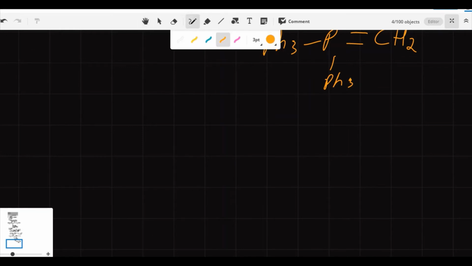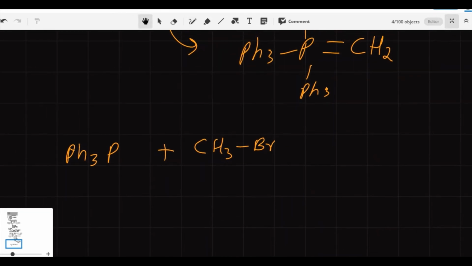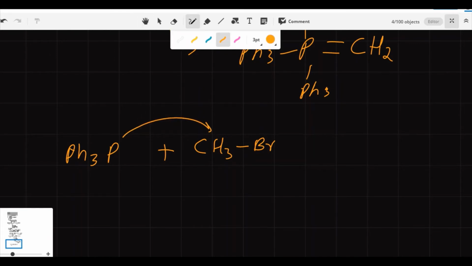So we are going to treat an alkyl halide, normally CH3Br, with triphenylphosphine, Ph3P. The phosphorus, which has a lone pair of electrons, will attack the methyl group, while the bond shifts onto bromine as a negative charge.